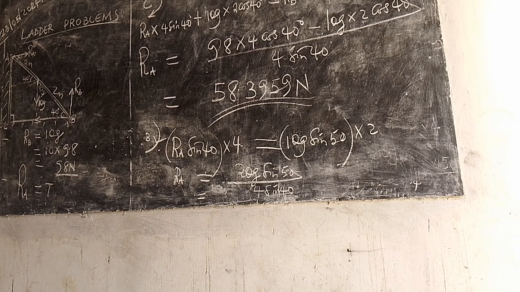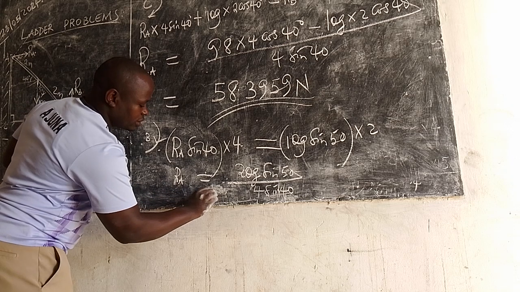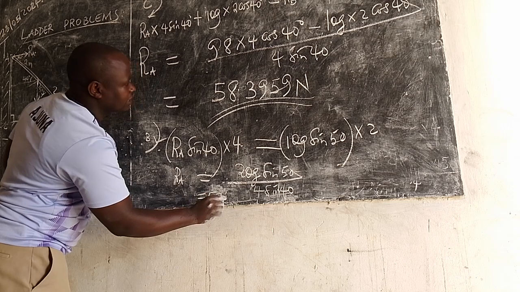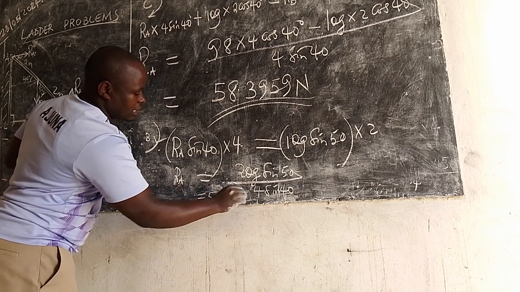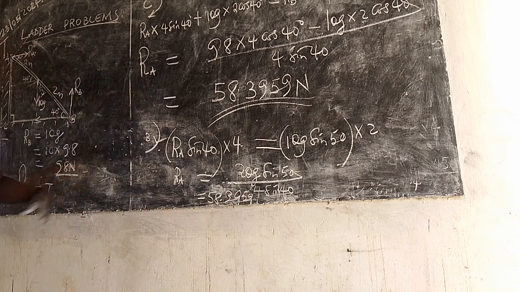So this is 20 times 9.8 times sine 50, dividing by 4 sine 40. It must be the same answer. So it is 58.3959. After getting that, the rest will follow in passage.